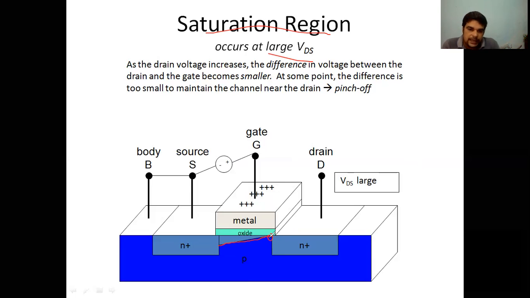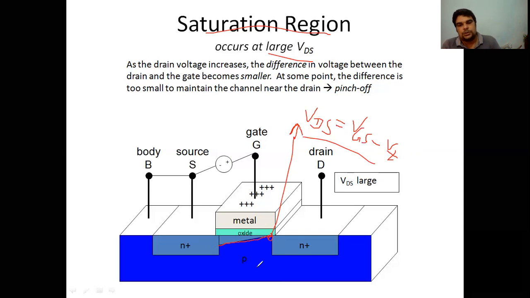This will occur when the value of VDS is equal to VGS minus threshold voltage. If this condition comes, then pinch off will occur and the current will be saturated.